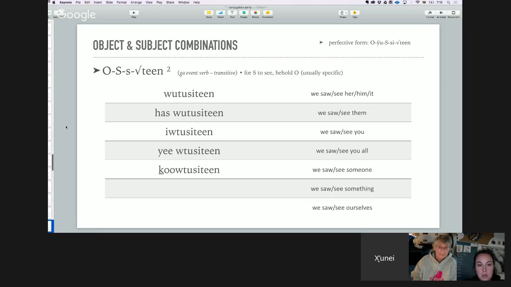Kutusateen, because we have the perfective marker. Okay. Sisala, we saw something. Atwutusateen. Timik, we saw ourselves.